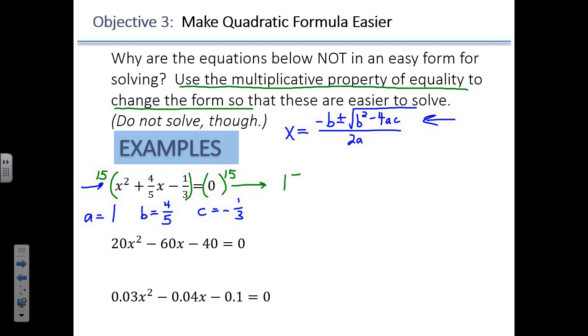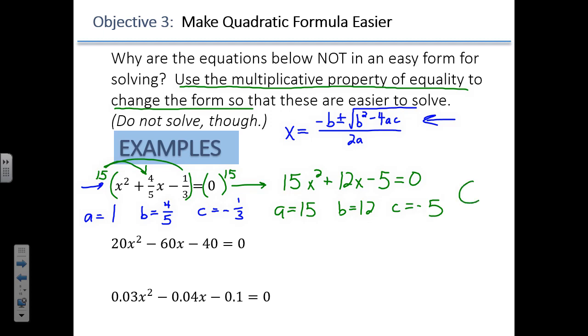It's going to become 15x squared plus 15 times 4/5, which is 12x, and 15 times negative 1/3 is negative 5, equals 0. That's a much easier form to use. Here, our a value would be 15, our b value is 12, and our c value is negative 5. That's much, much easier to plug into the quadratic formula because there's no fractions.